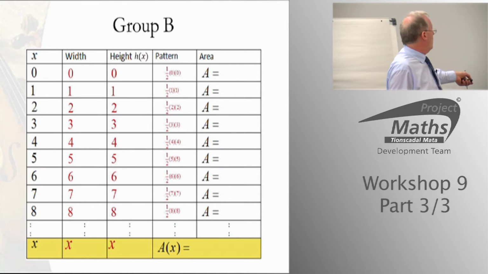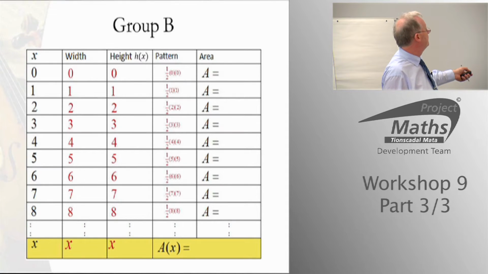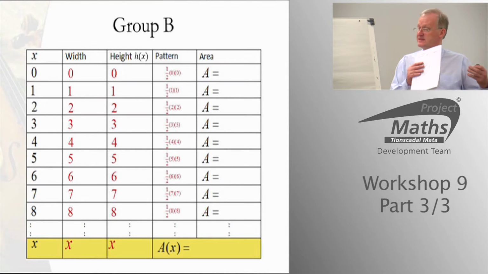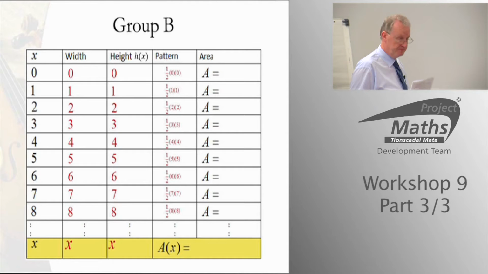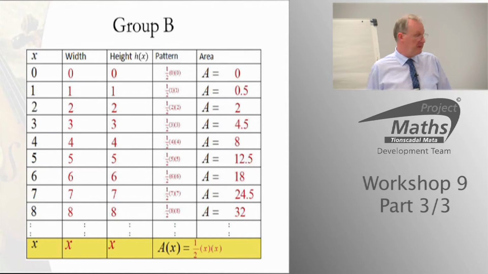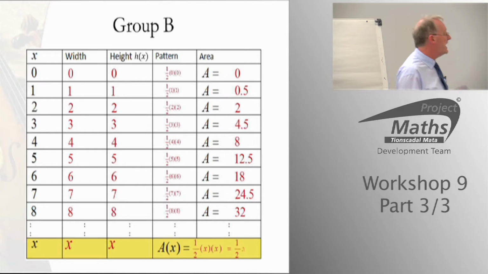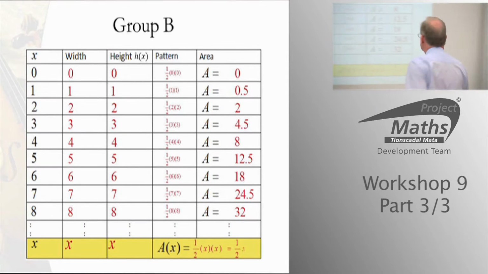So when the x coordinate is x, what was the width? In each case, it was the same. What was the height? Because the function was h of x equals x, the heights were the same. And what was the area? A half x by x, which is a half x squared.